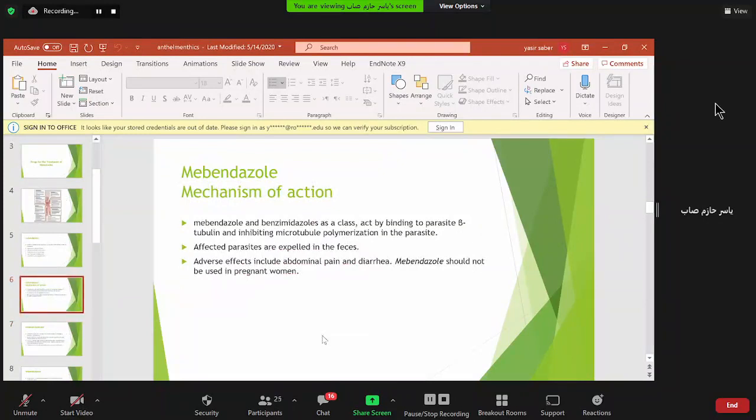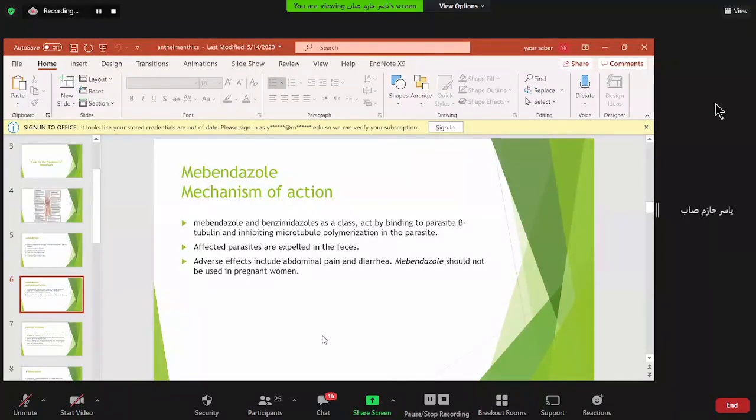As for the mechanism of action, what I want from you is just to know that it binds to parasite beta tubulin and inhibits microtubule polymerization. Therefore, multiplication of the worm is inhibited, causing paralysis of the parasite.